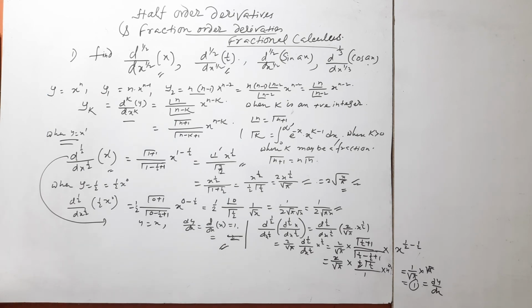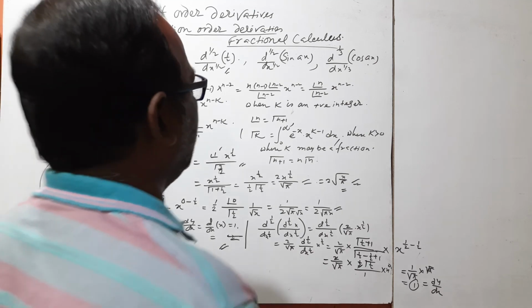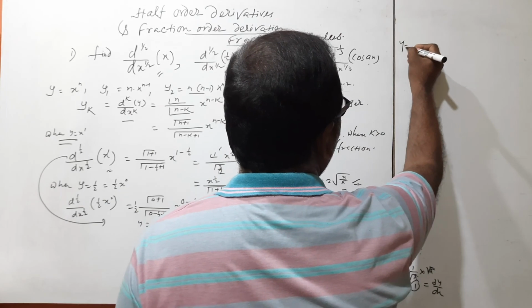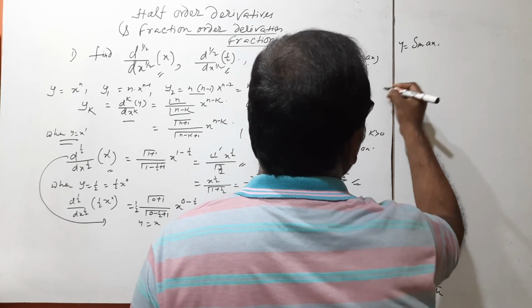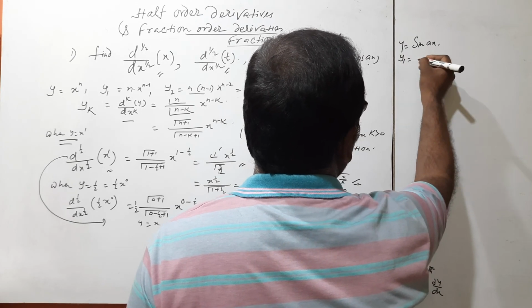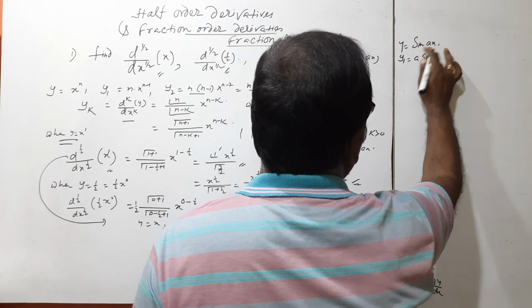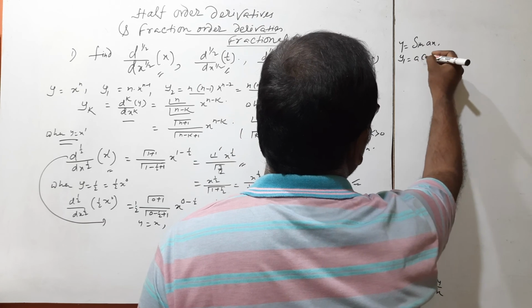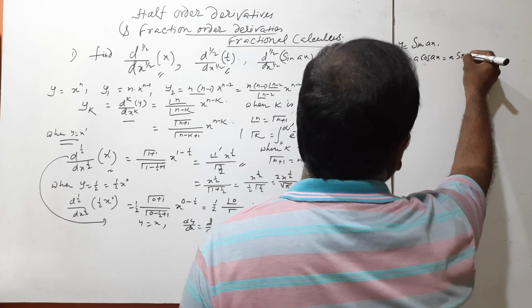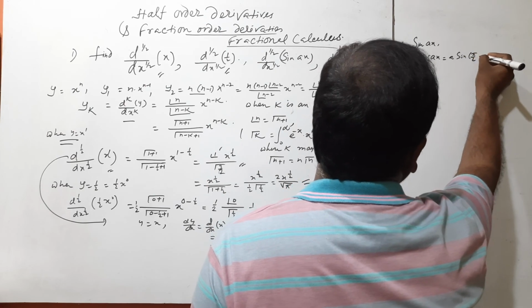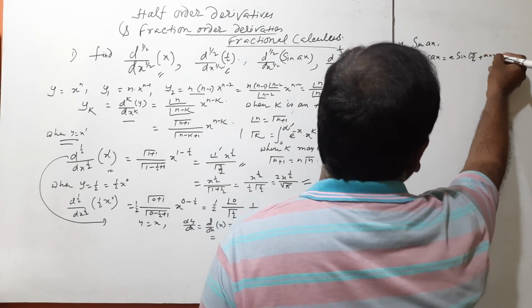So for the next case is here half order of sine of ax. So y is equal to sine of ax. In that case, y1 is equal to a into cos of ax, and that is equal to a into sine of pi by 2 plus ax.